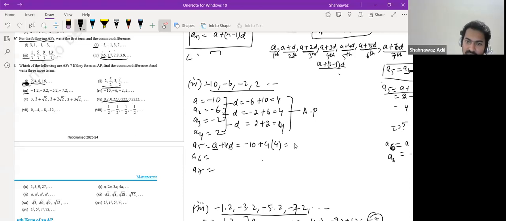So this would be -10 plus 16, so this would be 6, right? And similarly, you find the subsequent terms. Please note down this part and I will just write it directly. So this is 10 and this is 14, right? You guys just note down this part.